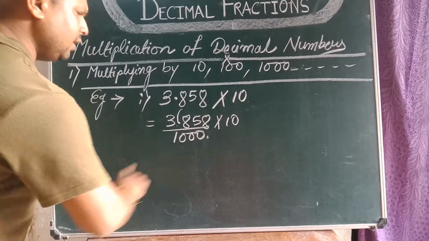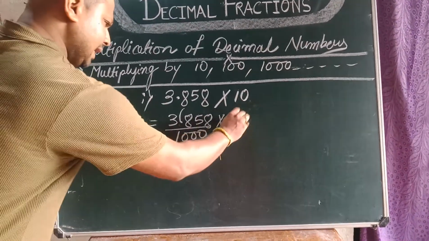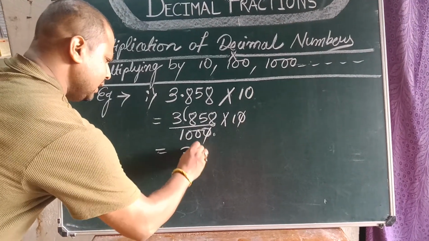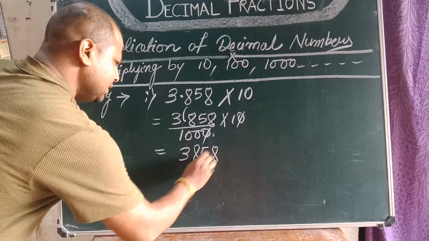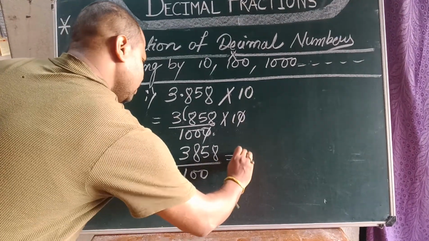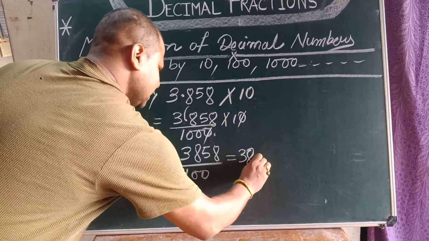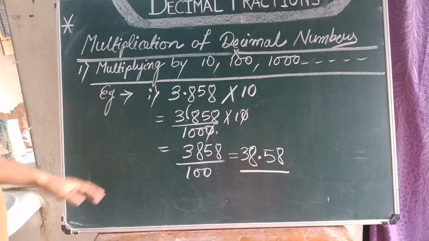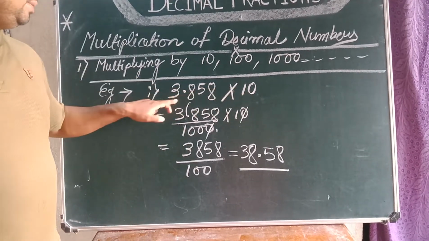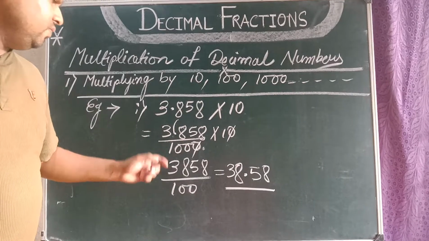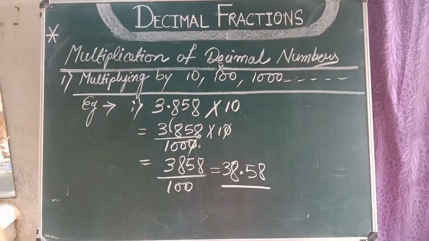So 3 zeros will be there. We can cancel these. What we got? 3858 by 100. So the final answer is 38.58. So when we multiplied 10 with 3.858, we got the answer 38.58.